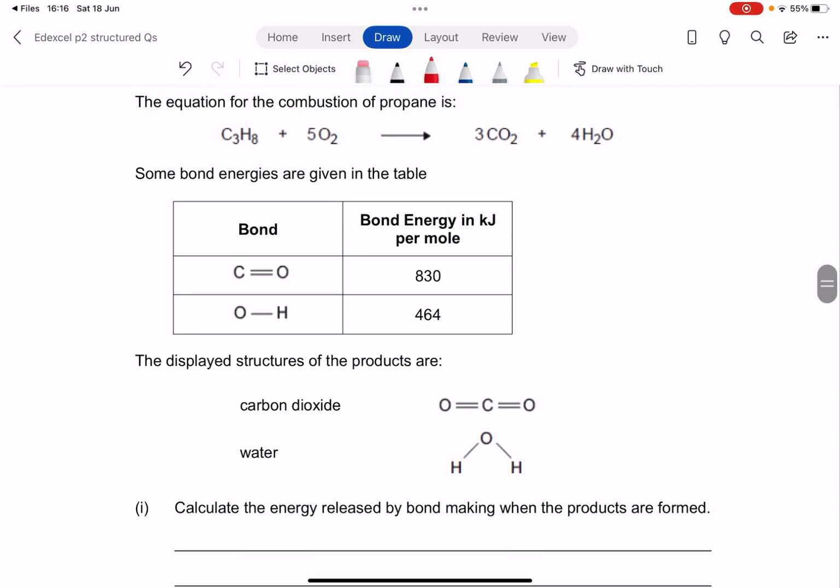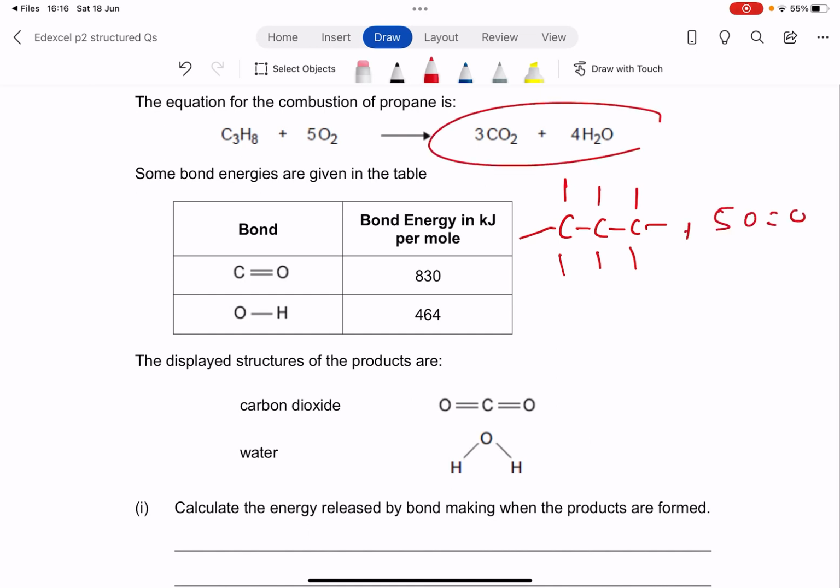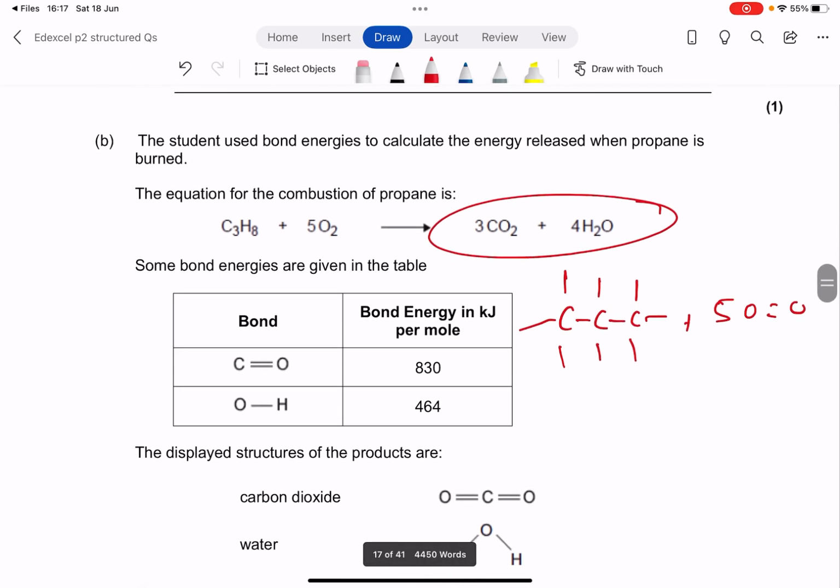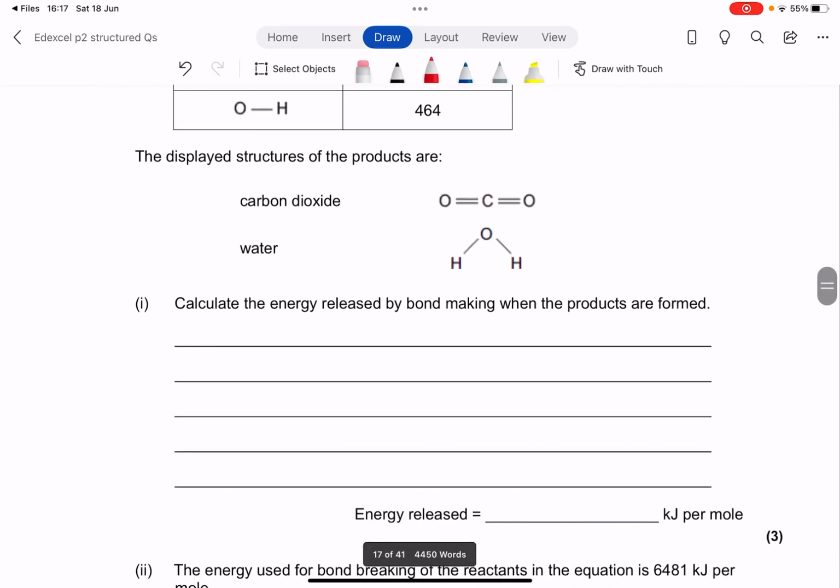You would have to draw out the bonds broken and what's formed, and use the values for each bond. Work out the value for bonds broken, the value for bonds formed, and then take the two away from each other. Okay, so those are the other types of questions we would work.